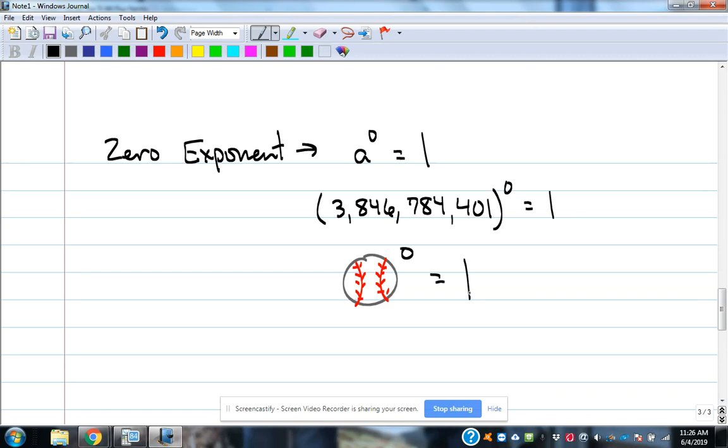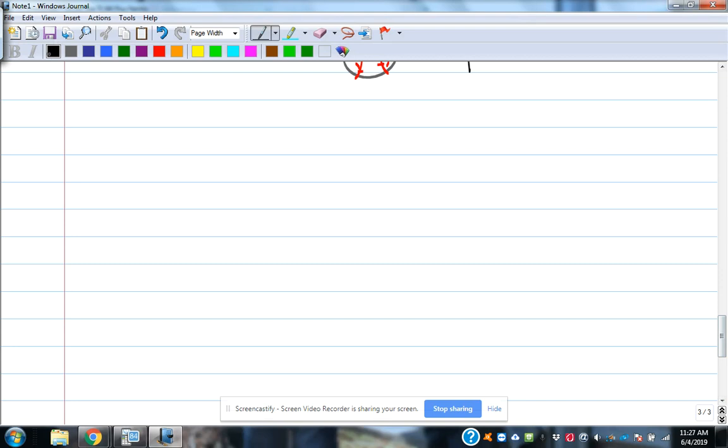Okay, so it can have the most complicated exponents and variables in there, but if it's raised to the 0 power, it's going to be 1. Okay, so keep that in mind as you're looking through that particular section. Let's talk about polynomials in terms of a few other things that we deal with in this section. Terms.